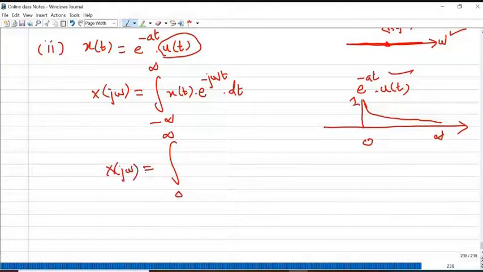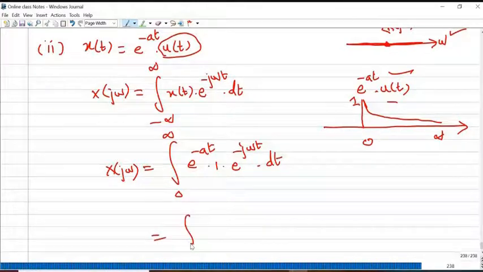So X of j omega equals the integration from 0 to infinity of e power minus at, u of t value 1 from 0 to infinity, as per the formula, e power minus j omega t into dt. Now solve this integration.